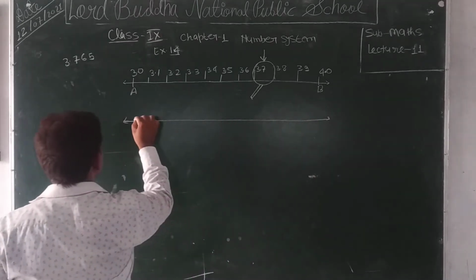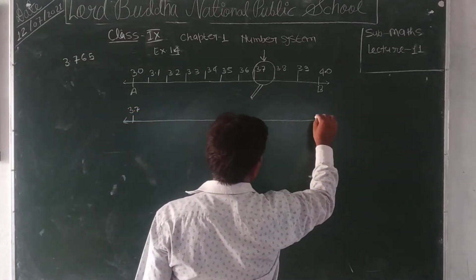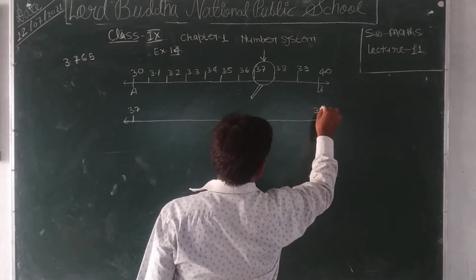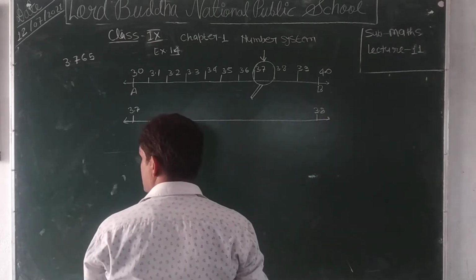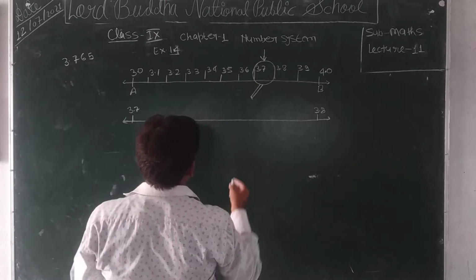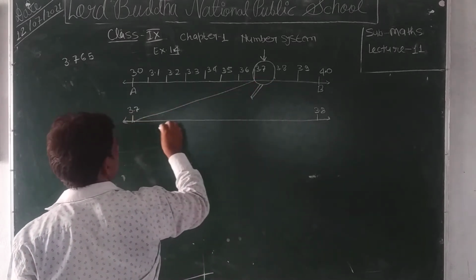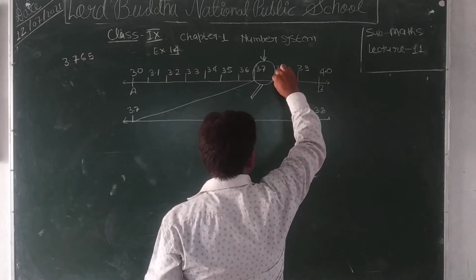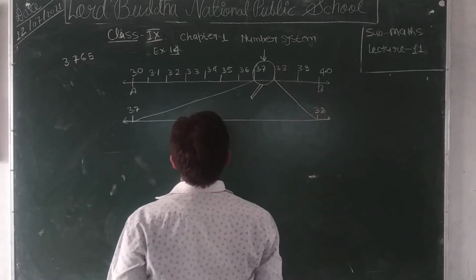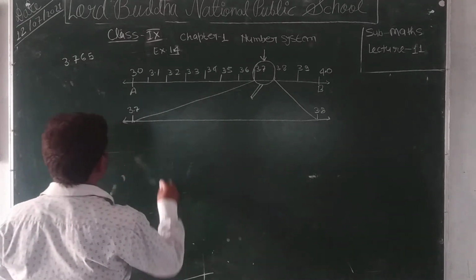Here is 3.7 and here is 3.8. Clear? When you magnify it, it looks something like this. Now, we divide it into 10 equal parts.